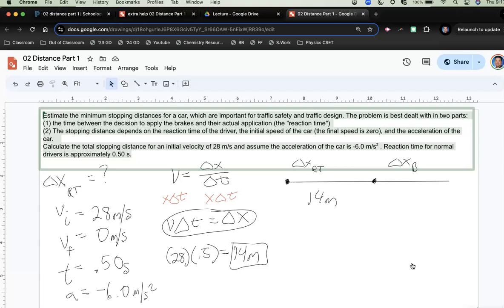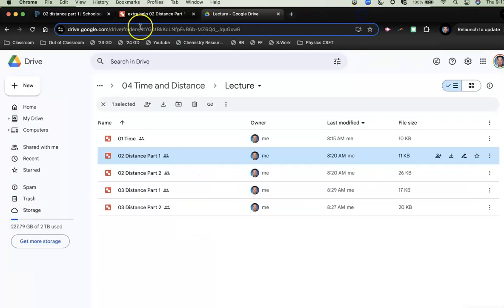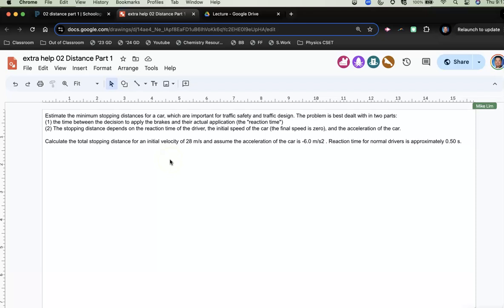All right, got the right notes this time. So, Caleb, what is one of those numbers representing? So, yeah, look at the problem. Like, what do you think 28 is going to be?